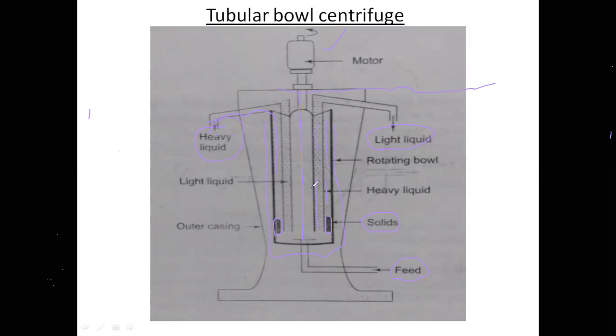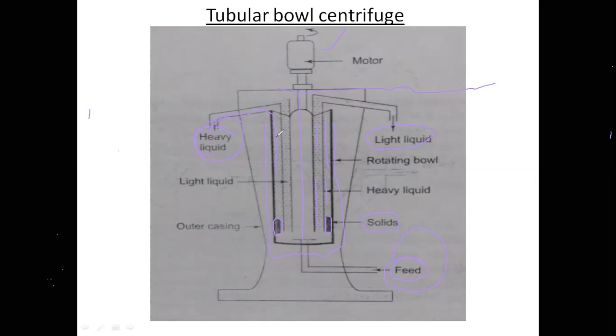When it rotates, the heavy and light liquid will be separated from the feed because of the density difference of the liquid and the particles. That means the light liquid density is different and the heavy liquid density is different.